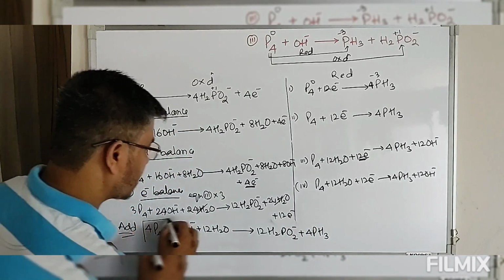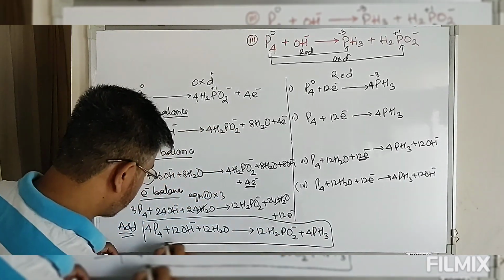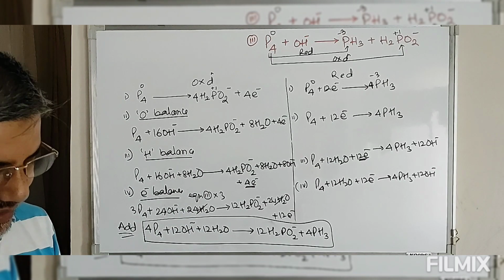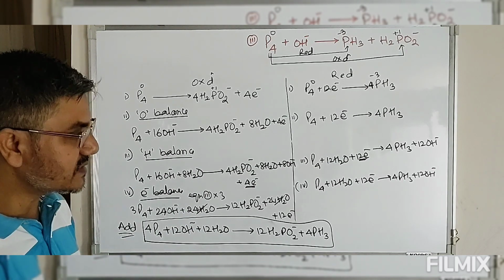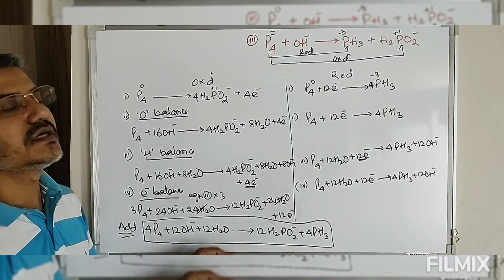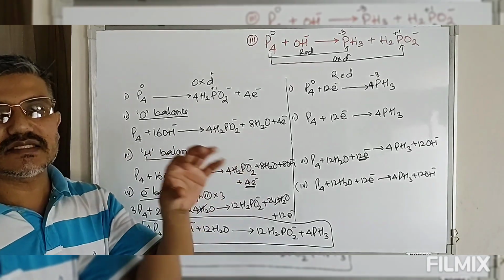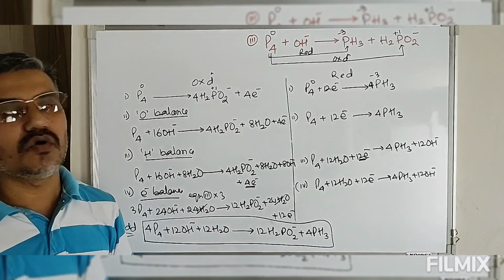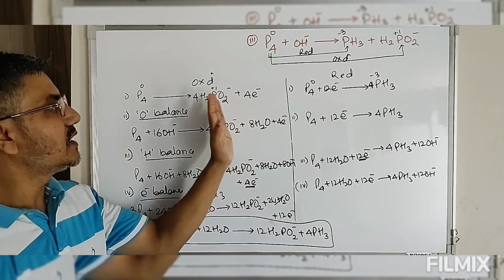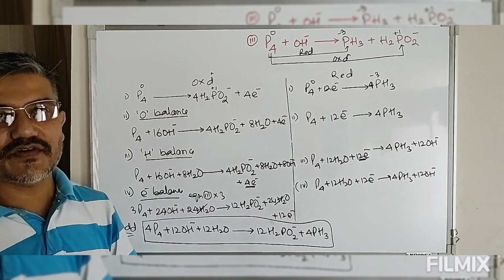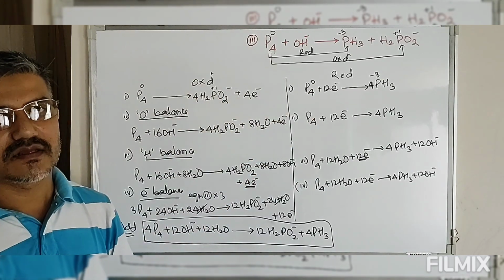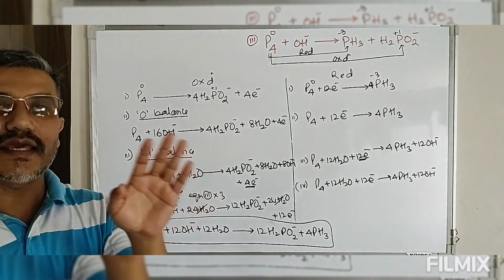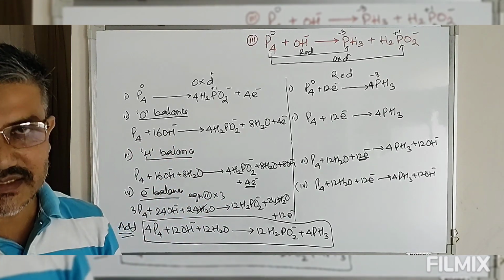So this is the complete balanced reaction. So this is how we balance a redox reaction, by balancing the opposite reactions, that is the oxidation half and the reduction half individually, then adding these two to get the full balanced reaction.